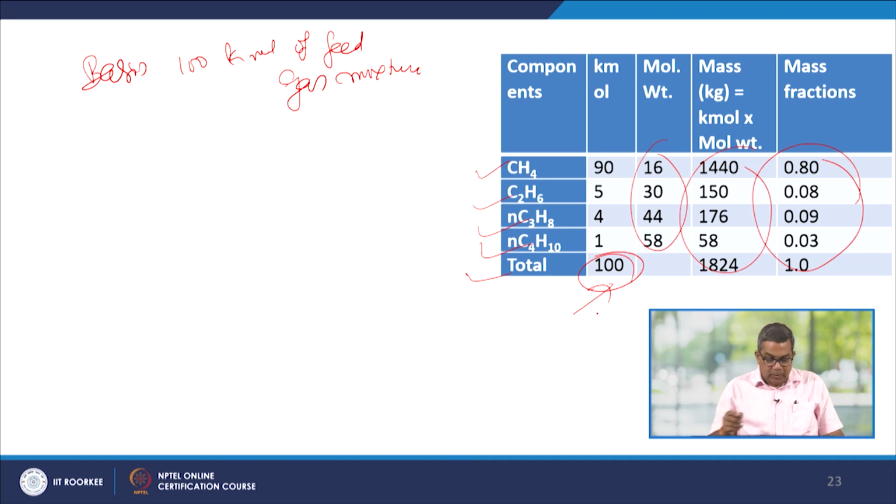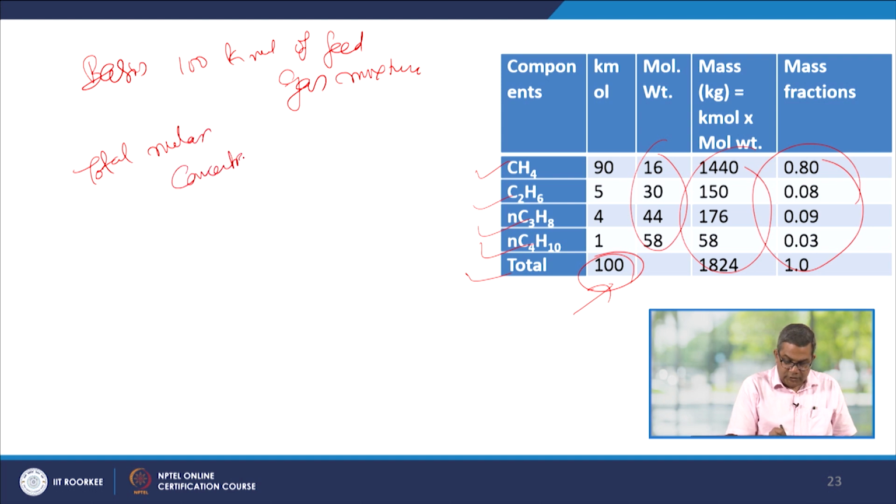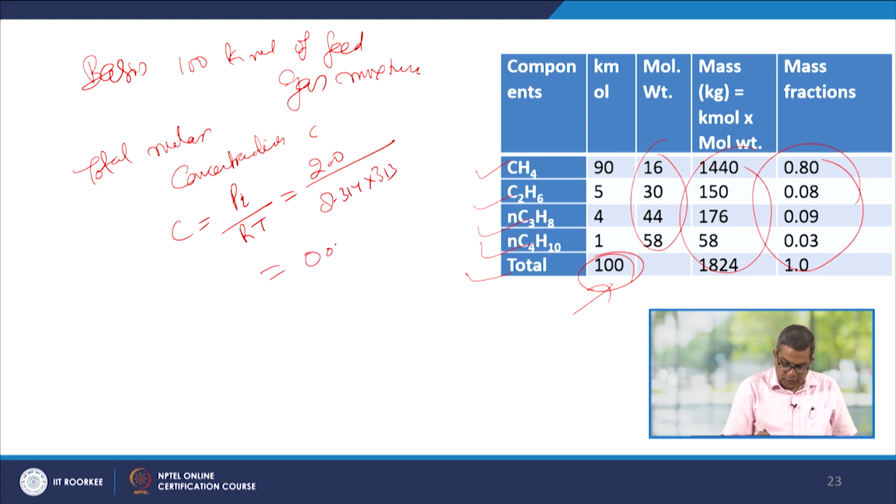So, the total molar concentration C is equal to Pi over RT, which is 200 over 8.314 times 313, and that comes out to be 0.077 kilomole per meter cube.